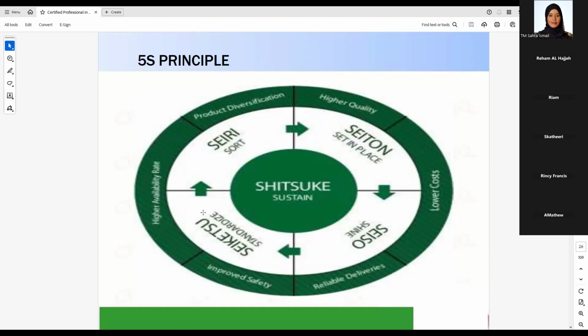This is where, for example, for the equipment, they've used markings on the floor to reflect the location for each equipment and so on. So everybody going forward will make sure that they use the same place for everything. And part of standardizing is also having a checklist of having someone review how well you are maintaining your place. And this is part of the sustain. So sort, set in place, shine, standardize, sustain.